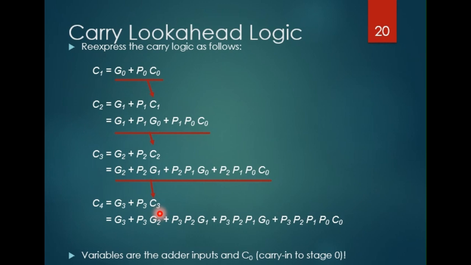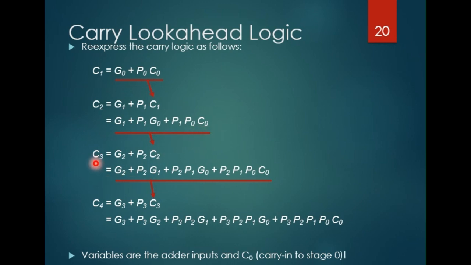So if we rewrite the Boolean expression using the symbols G and P, for the second carry out, just replace this C1 with the C1 Boolean equation. So it becomes G1 or P1 G0 or P1 P0 C0.